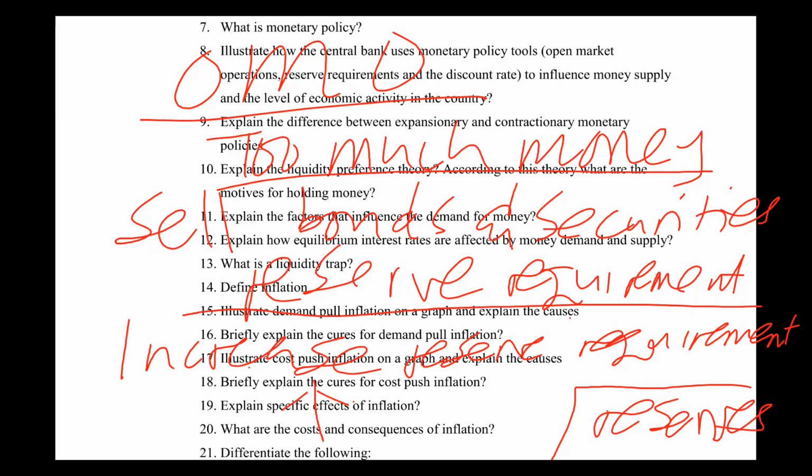For example, I gave you this example: at first it was, let's say, 20%. You deposit 100 kwacha, so it means that only 20 kwacha should remain at the commercial bank. But what if the reserve requirement ratio has been increased to 30%?